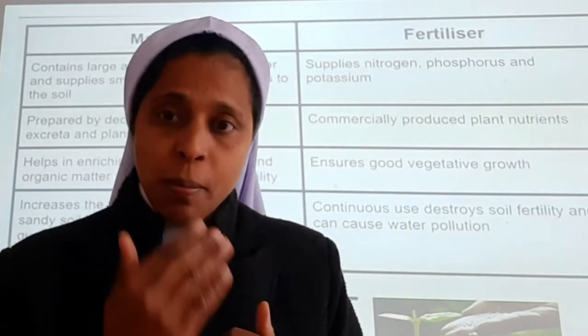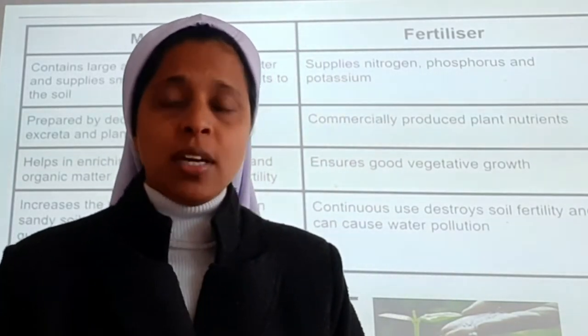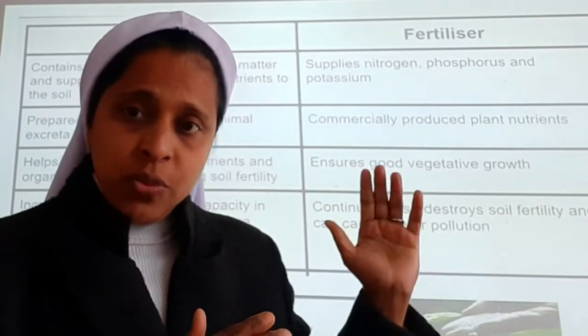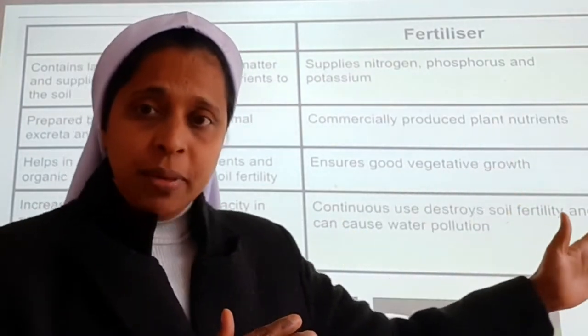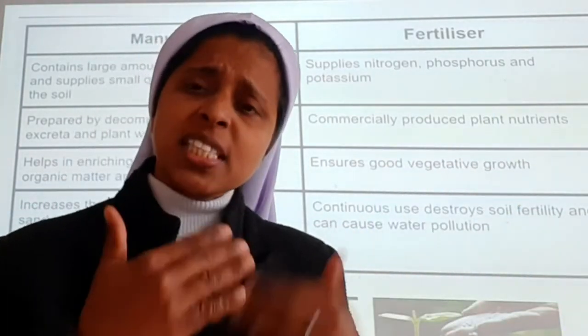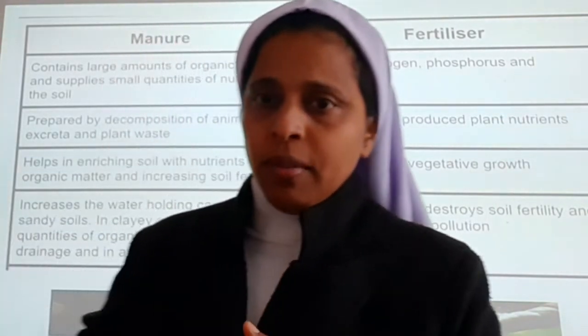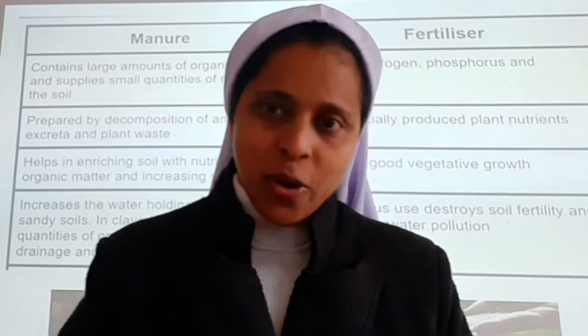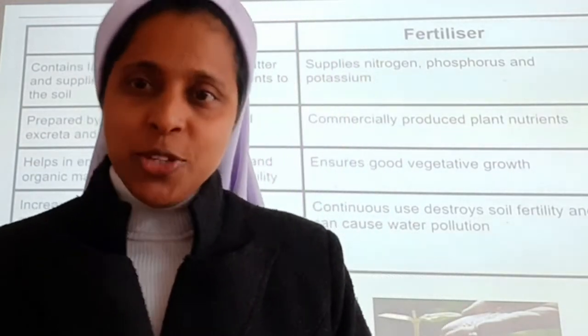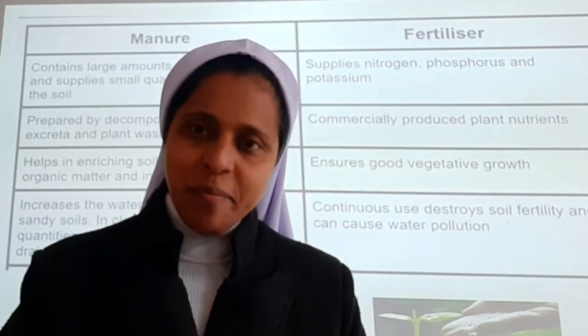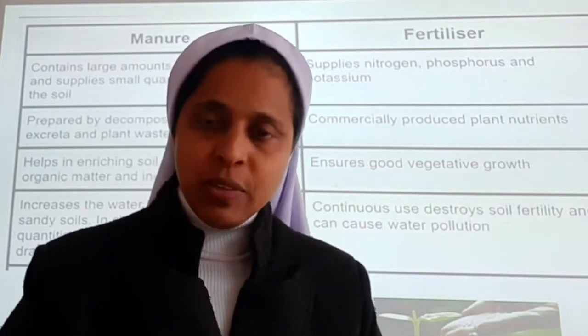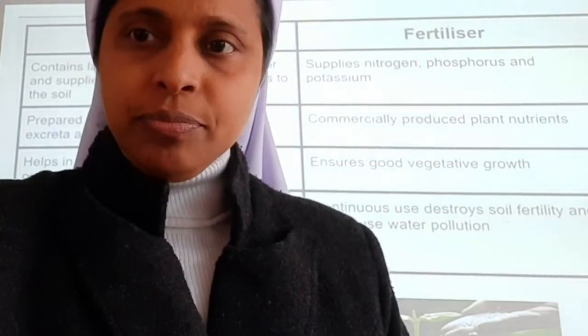Fertilizer is a commercially produced plant nutrient. Fertilizer ensures a fast pace of vegetative growth, and that is why we use it. Manures are good for the fertility of our soil; to enrich our soil, we use manures. So these are the differences between manures and fertilizers.